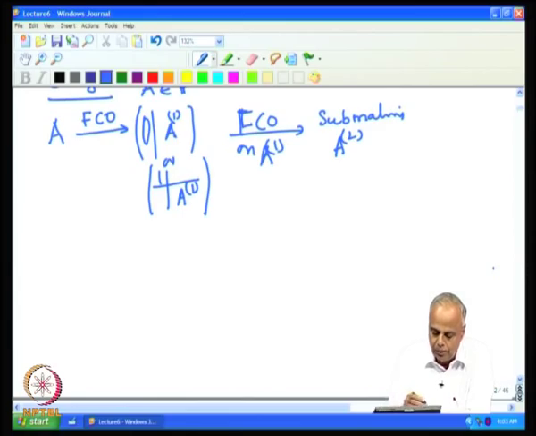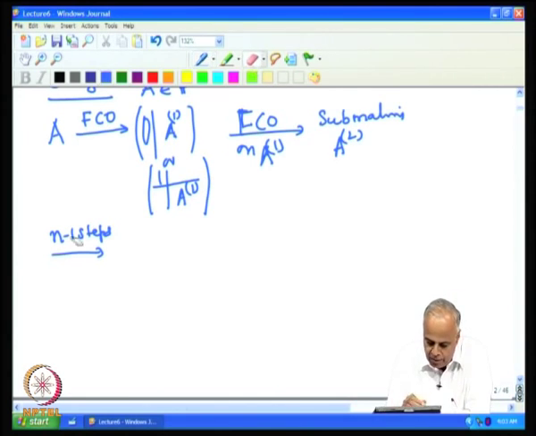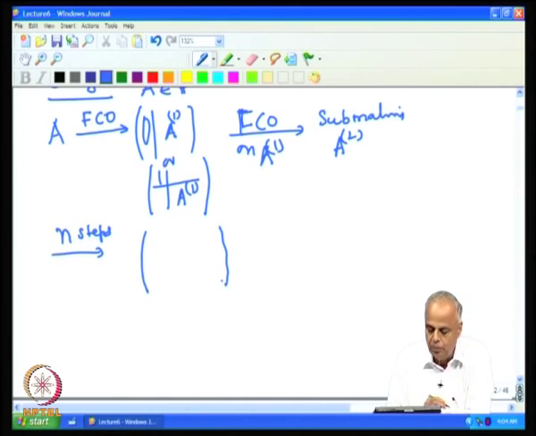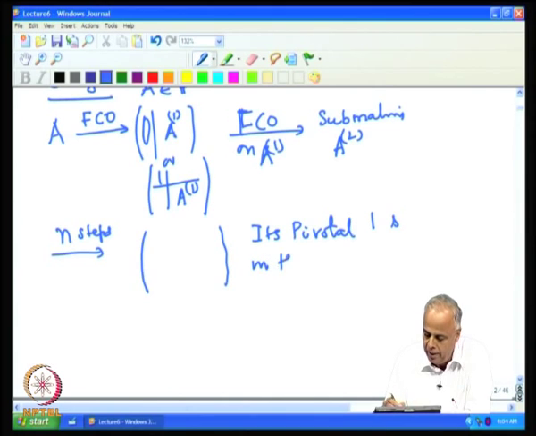If we go on doing this, at most n steps, we will get a matrix which will have its pivotal ones in the way we want.